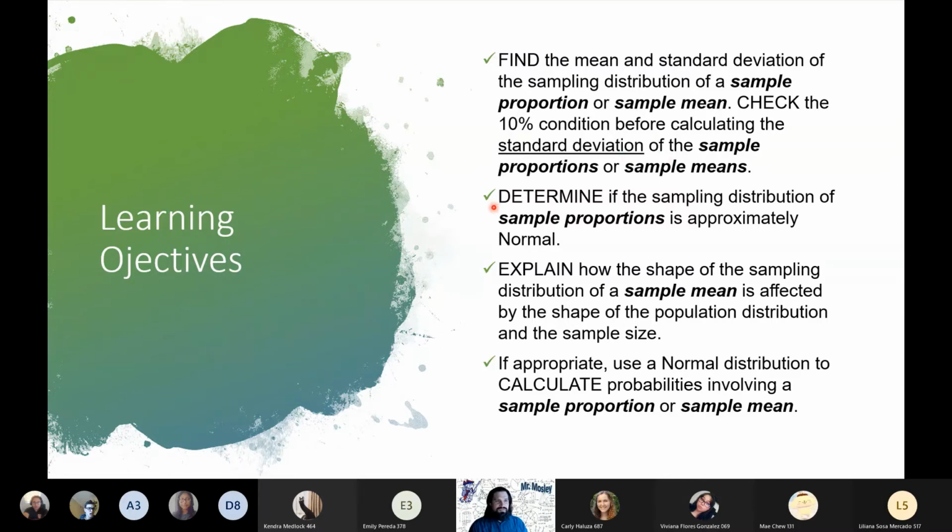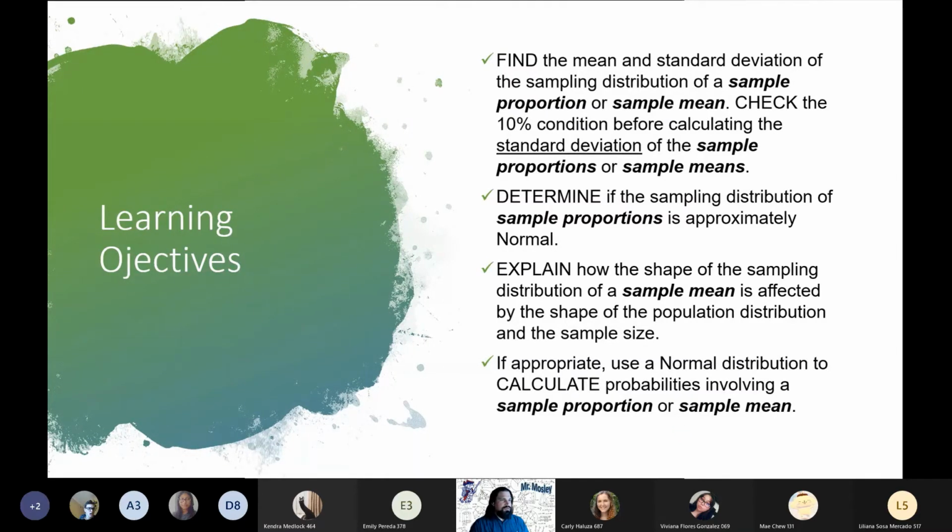We need to be able to determine if the sampling distribution of sample proportions is approximately normal. We need to be able to explain how the shape of the sampling distribution of a sample mean is affected by the shape of the population distribution and the sample size, and if appropriate, use a normal distribution to calculate probabilities involving a sample proportion or sample mean. That's the goal.